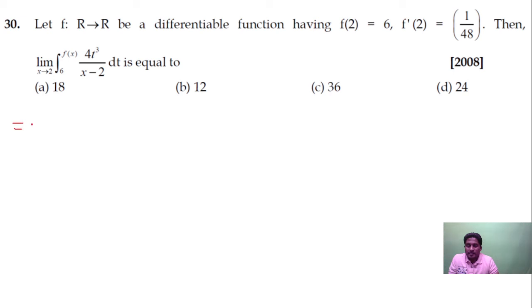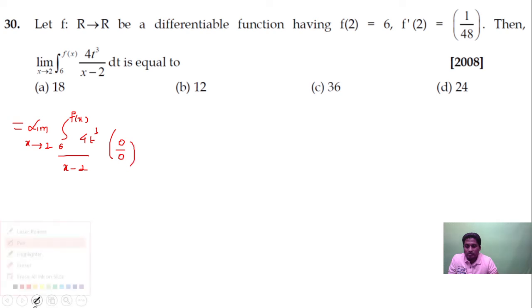So this can be written as limit x tending to 2, integral 6 to f of x, numerator is f of 4 into f of t, upon x minus 2. This is 0 by 0 form. Let us use L'Hopital's rule, that is, differentiate the numerator and denominator separately.